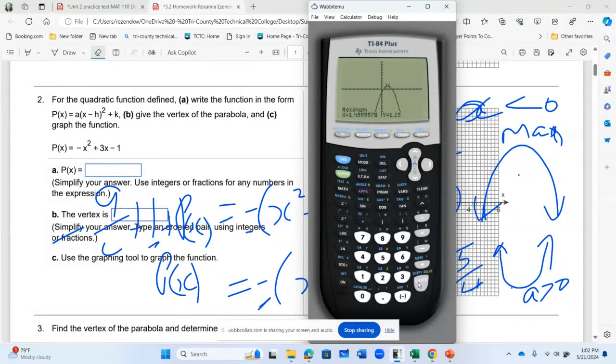You see that answer is good. You can change your answer to decimal. So it's 1.49, approximately 1.5, and 1.25. That is the maximum point, the x and y coordinate at the top. So don't forget to check your answer, especially whenever you're told to find the maximum point or minimum point.